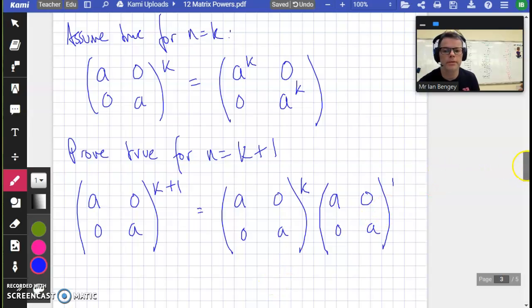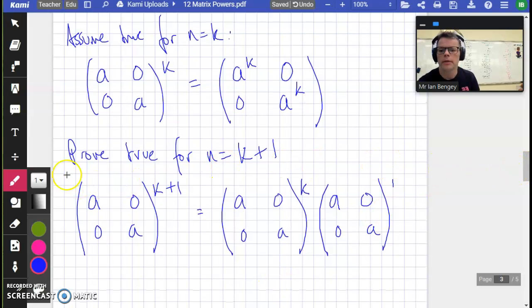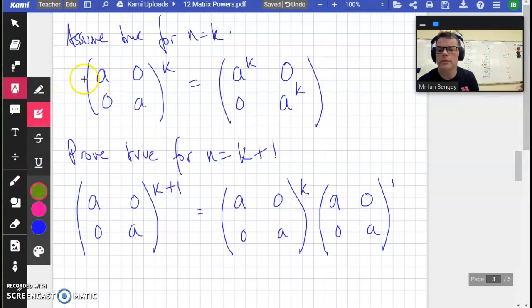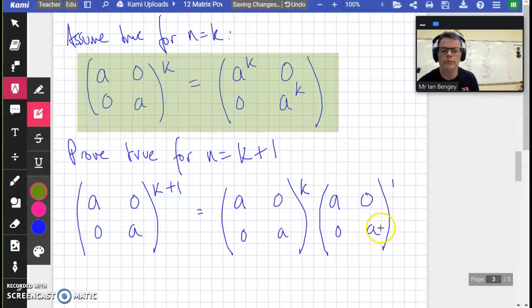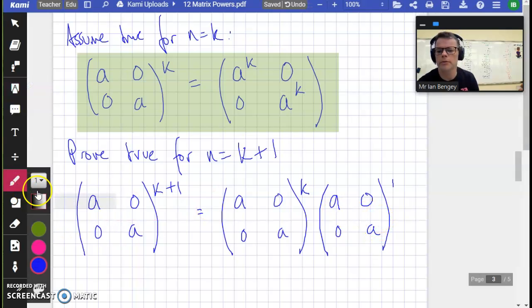But we've just made an assumption above, and I can directly use that assumption. I can make a substitution that [a, 0; 0, a] to the power k is [a^k, 0; 0, a^k]. That's an assumption I've made. This is how proof by induction works for those of you who've seen it before.